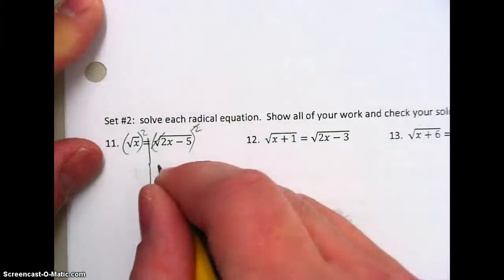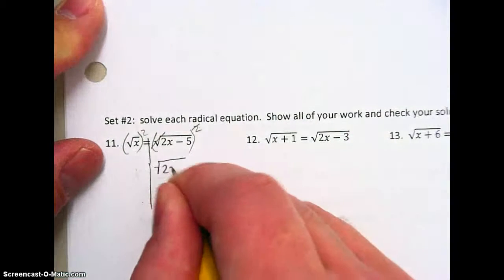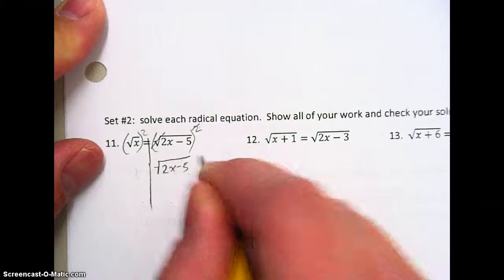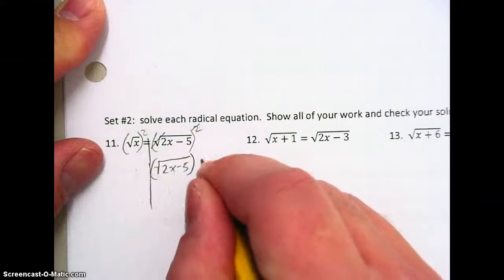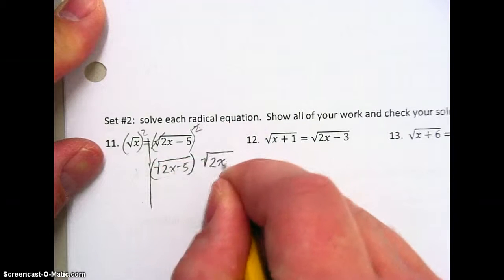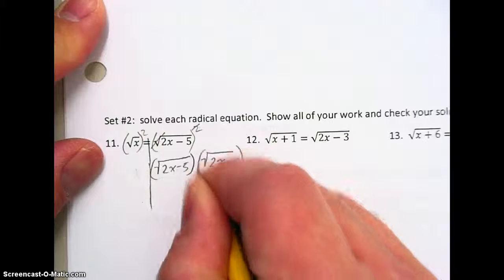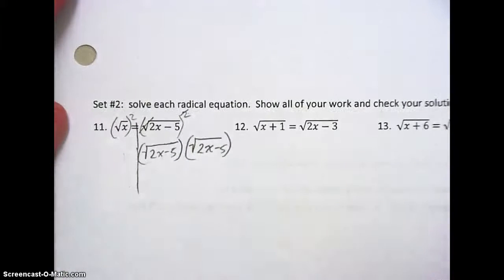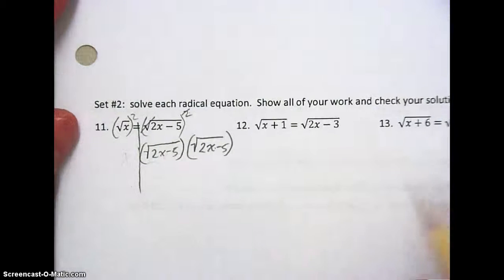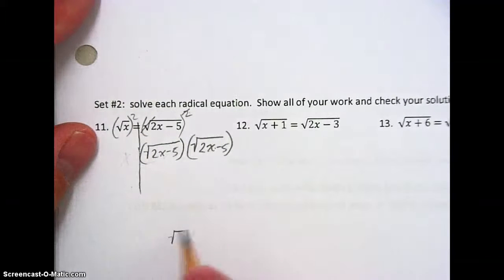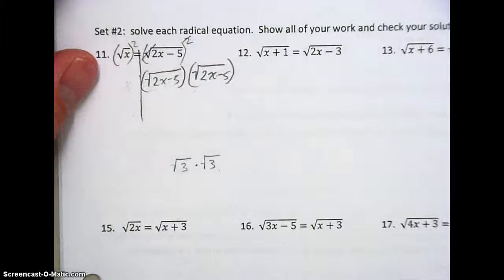Root 2x minus 5 squared means root 2x minus 5 times root 2x minus 5. We're squaring that. We have 2 of those. If you think back to an easier problem, say you had root 3 and you square it, root 3 times root 3 is root 9.